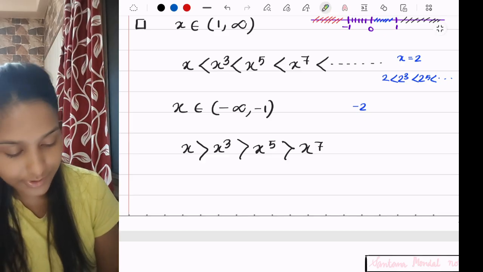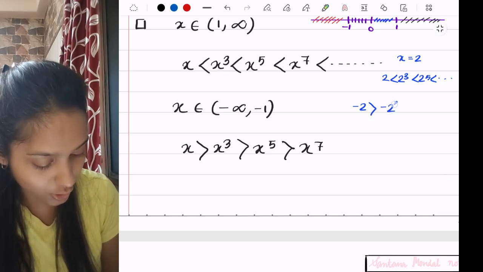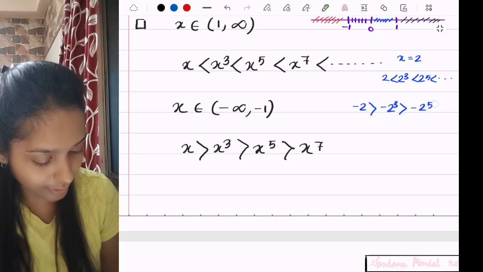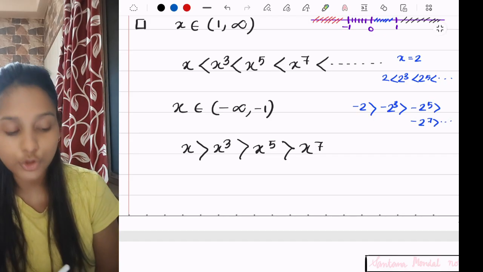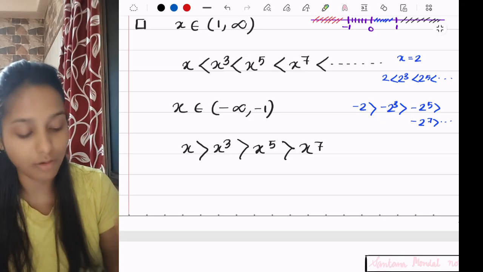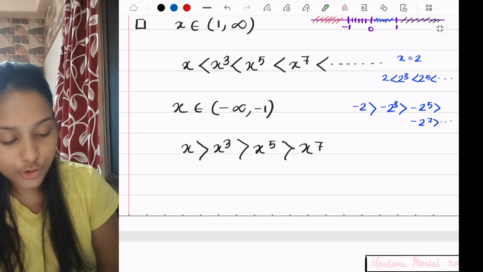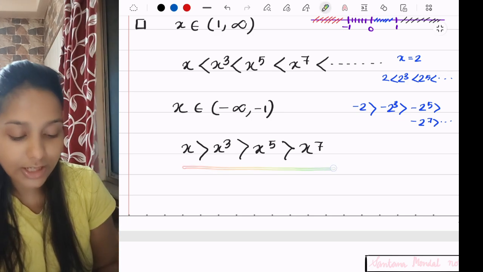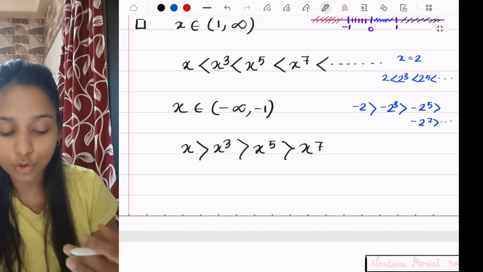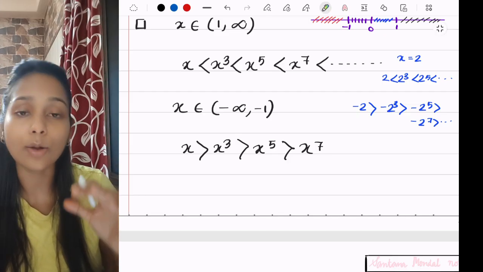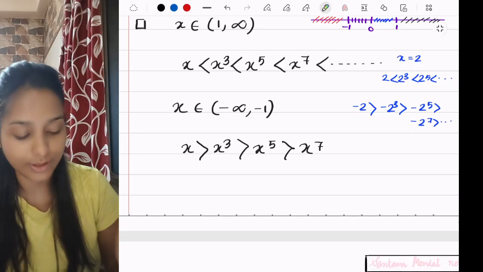So it gives minus 2 cube, minus 2 power 5, minus 2 power 7 and so on. Because of the odd power, all the minus signs will be here. So we get the opposite inequality from the interval 1 to infinity. Minus infinity to minus 1 and 1 to infinity will have completely opposite inequalities.